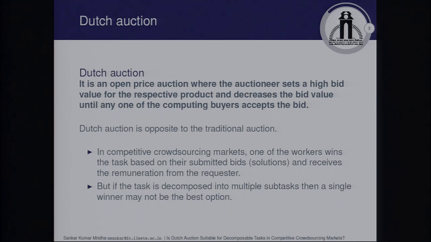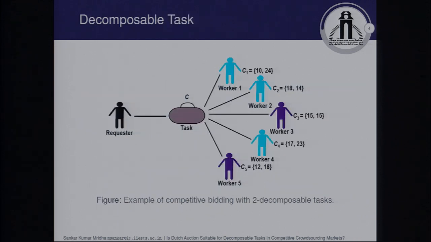If the task is a single task, then a single worker can be good for this case. But in the case of a decomposable task, the task is decomposed into multiple subtasks.